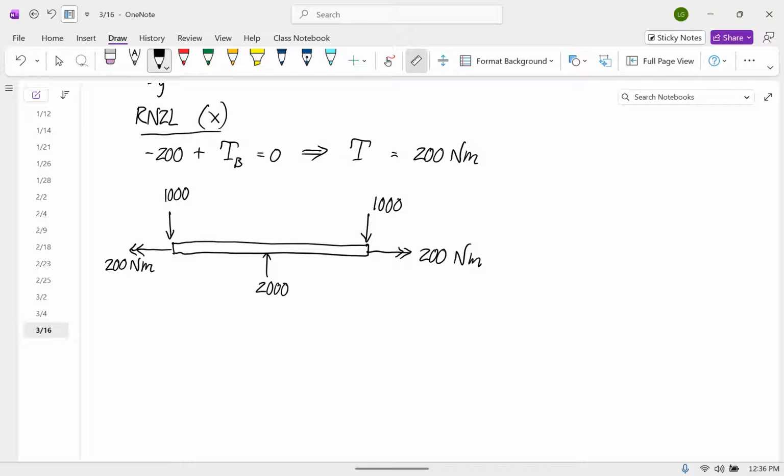Okay, we have one point force, point couple, or change in the distributed load function.